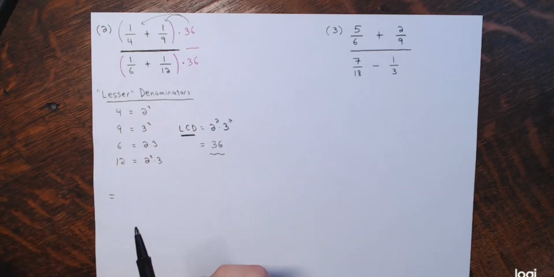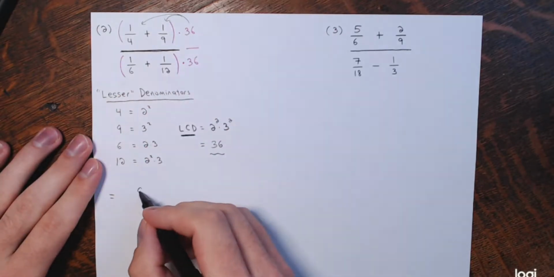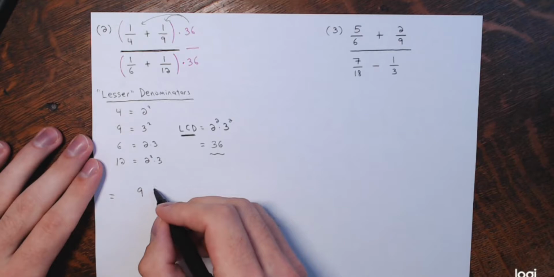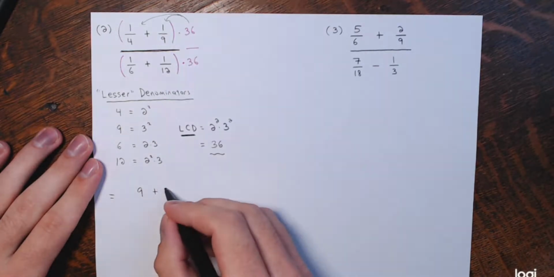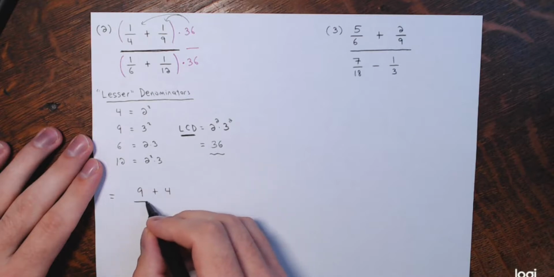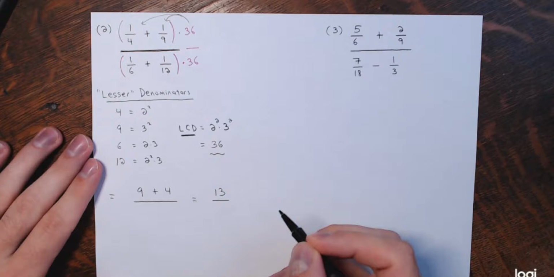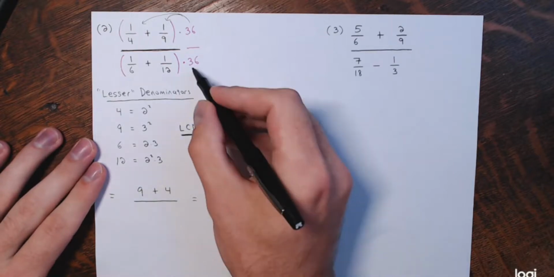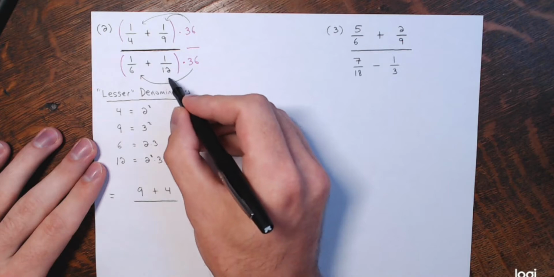A fourth of 36 is 9. Then you have plus 1/9 times 36, which would be 4. So the numerator is 13, 9 plus 4. And then same with the denominator. There are multiple terms in the denominator, 1/6 plus 1/12.